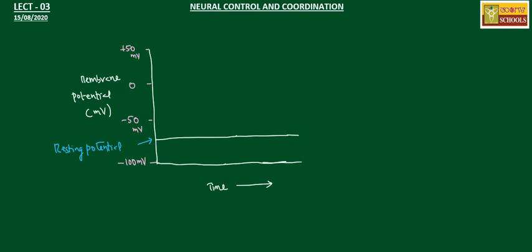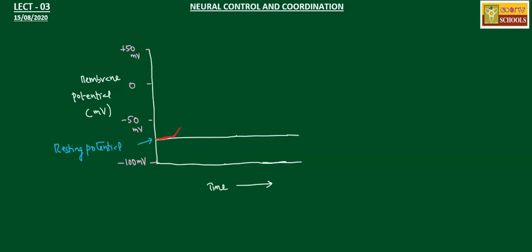Right. So now when the stimulus takes up the neuron, in the beginning it is in the resting potential, and when it takes up a stimulus, it comes to a threshold value.